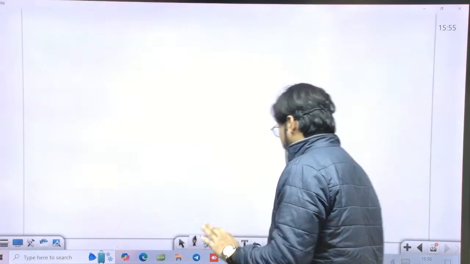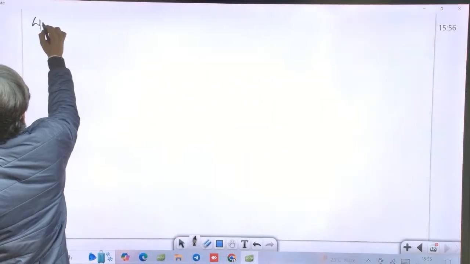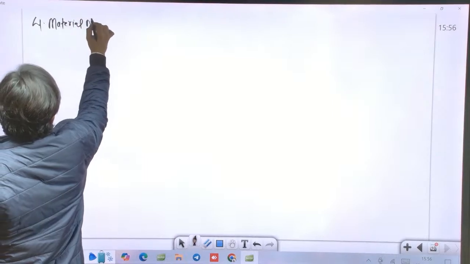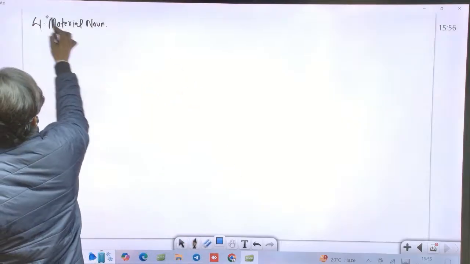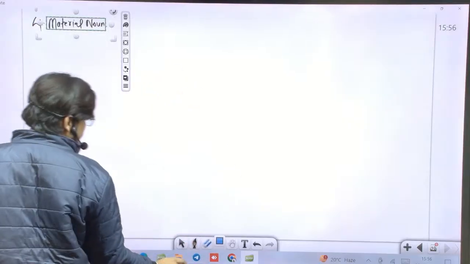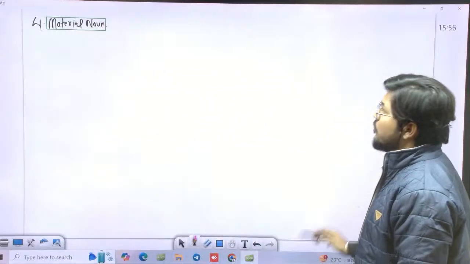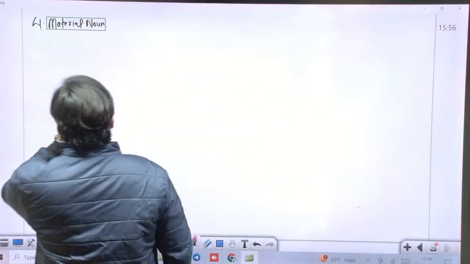Okay, point number 4 is your material noun. Material noun. So what are the material nouns? Let's talk about material nouns. As you can see, material is given.